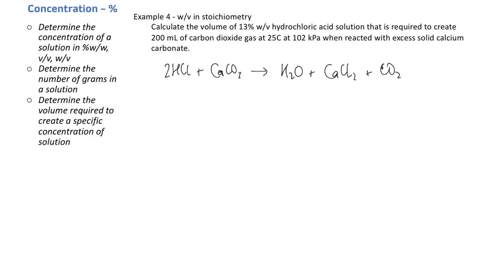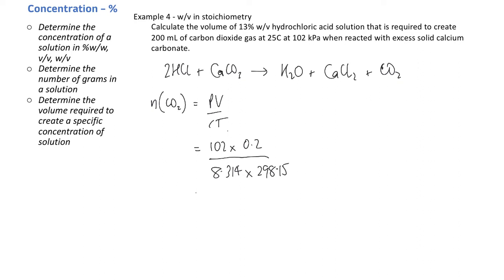We can work out the number of moles of carbon dioxide that is formed, which is equal to n equals PV over RT, which happens to be pressure 102 times volume 0.2, because that's in liters, R 8.314 times 25 degrees, which is 298.15.